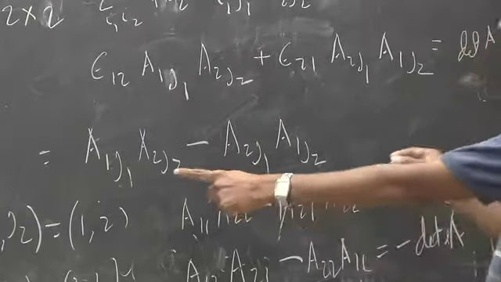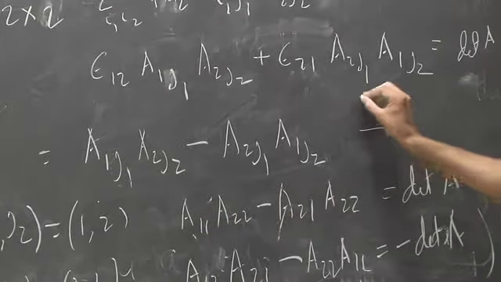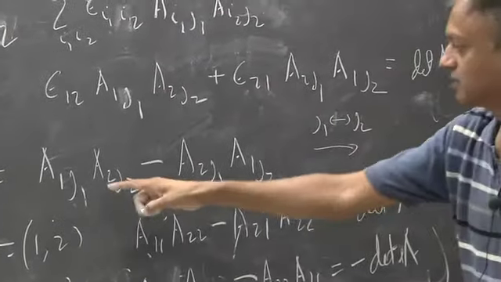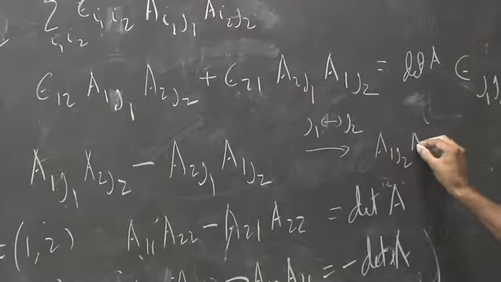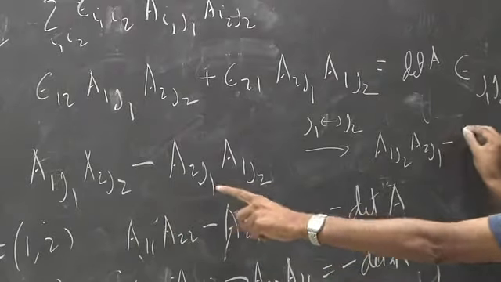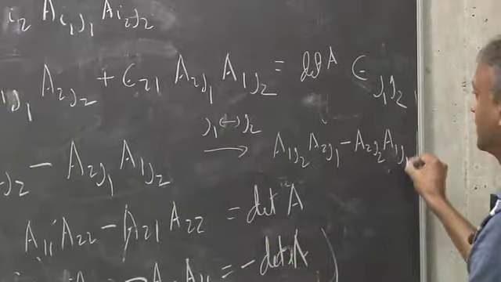If I exchange J1 and J2, you get here A1, J2, A2, J1, and here you get minus A2, J2, A1, J1, right?